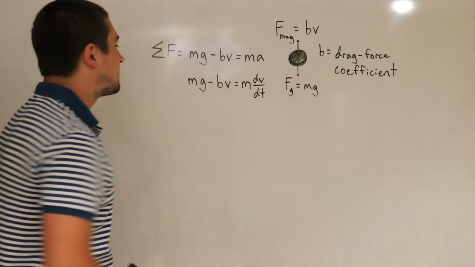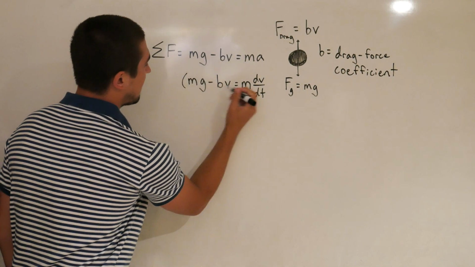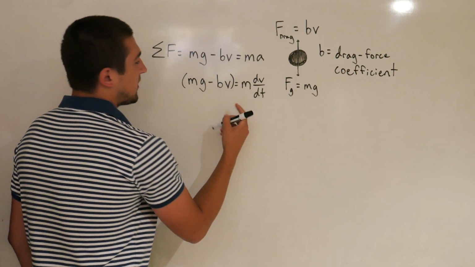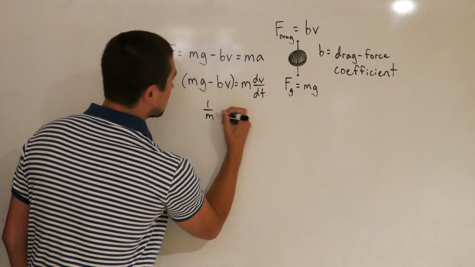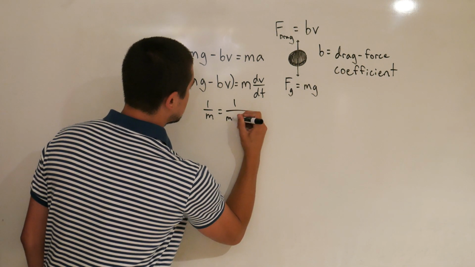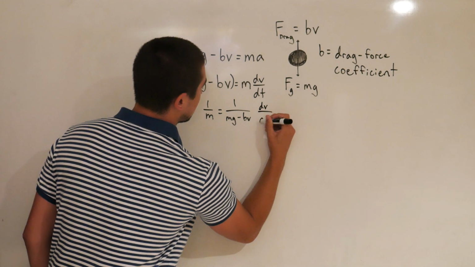The first thing I'm going to do is divide both sides by this entire term, mg minus bv. And I'm also going to divide both sides by m. So we'll have 1 over m is equal to 1 over (mg minus bv) times dv/dt.